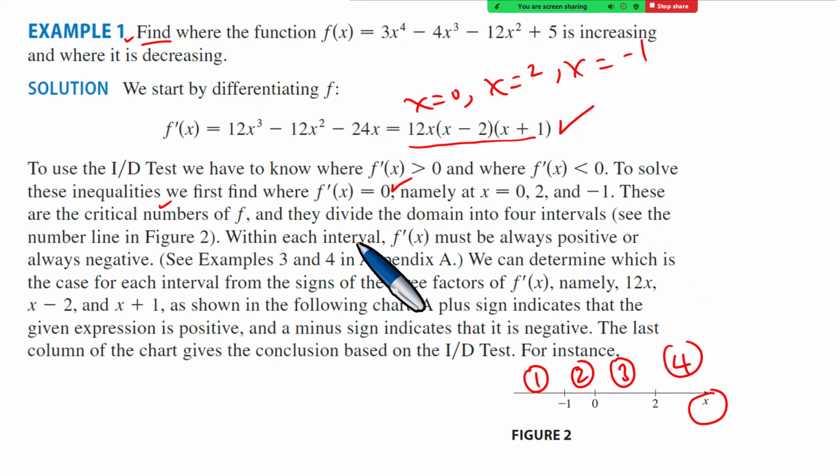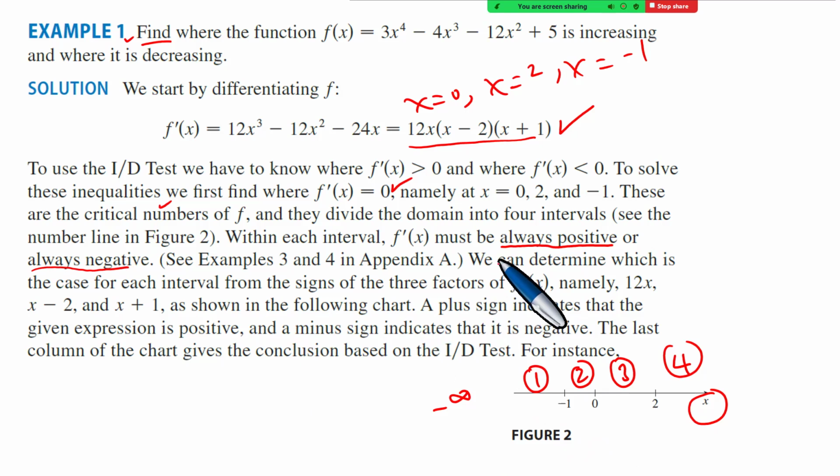Within each interval, the derivative must be always positive or always negative. This is very important. Always. It is a very strong claim, and it's always true, fortunately, so we don't need to check all the time. So in an interval here between -1 and -infinity, for example, it is either always positive or always negative.